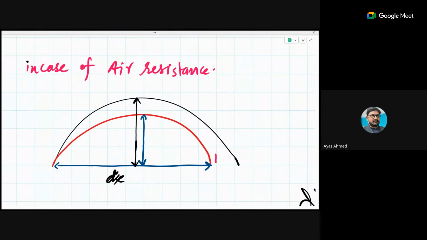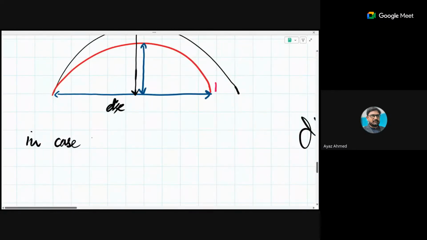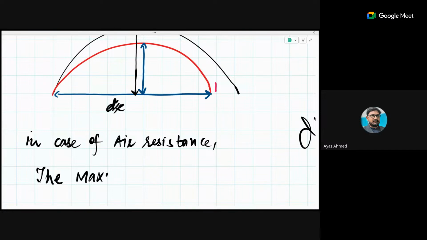You can say that, and this is the most frequently asked question, in case of air resistance the maximum height is reduced. Please mention this, as it is asked in your past papers for 2 marks.